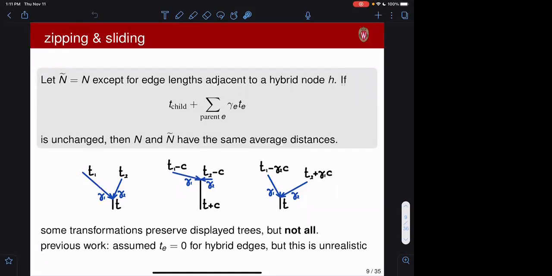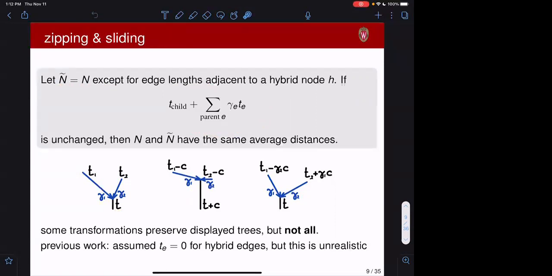What we showed is that if we take a network and then we construct a new network that is mostly the same except for the edges adjacent to a hybrid node, in such a way that this stays constant, then all the average distances are going to stay the same for the two networks. And maybe you're going to tell me, oh, well, I'm not surprised.